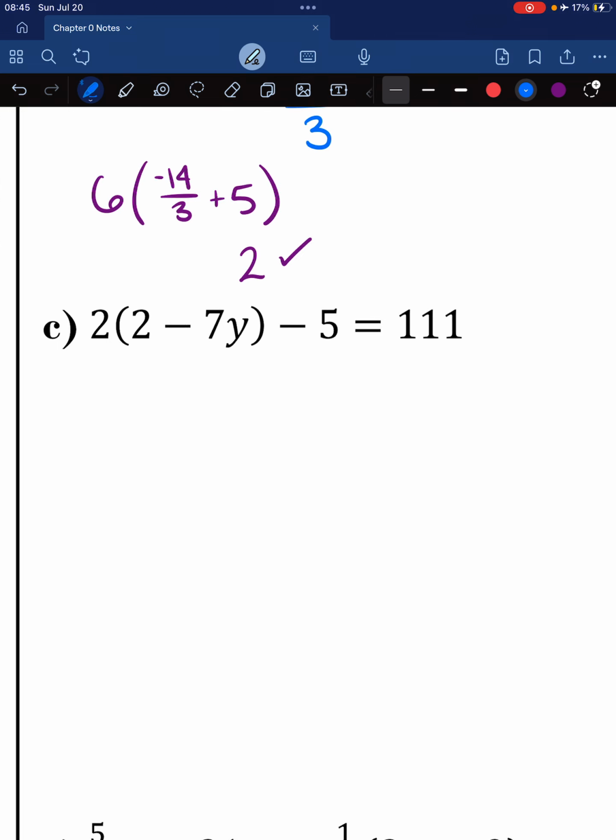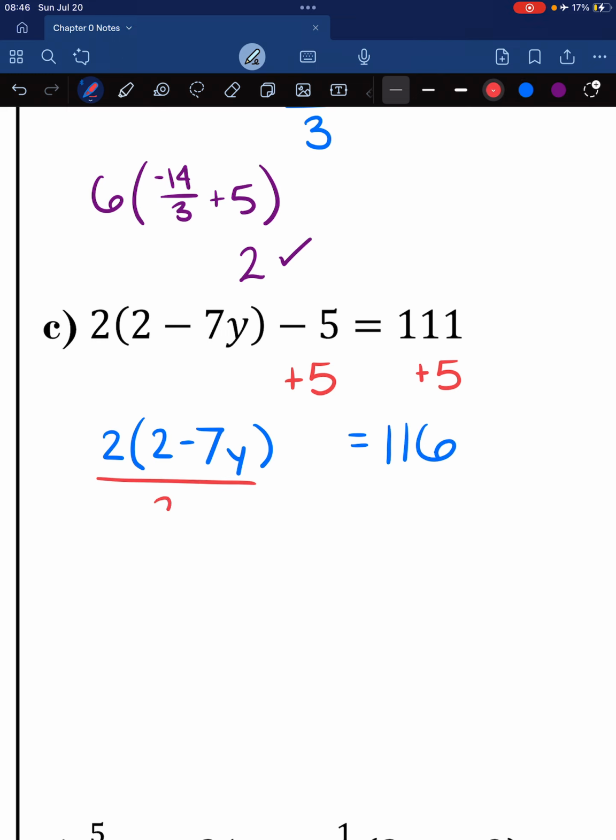Alrighty, next problem. Again, these are so important that you check to make sure you know what order to do by yourself. You can watch me do these all day, but it is so important that you practice making these decisions for yourself, and sometimes they'll be the wrong decisions, but that is how we learn. You do not learn by doing everything correctly the first time. If you're doing it all correctly the first time, then I really haven't taught you anything.